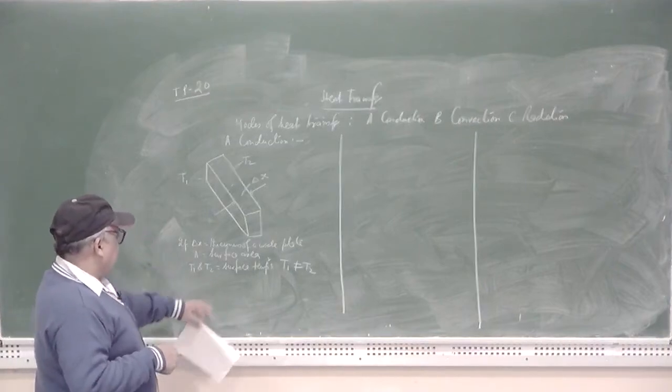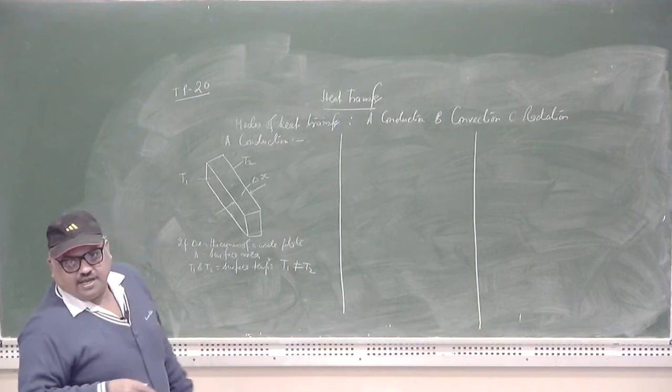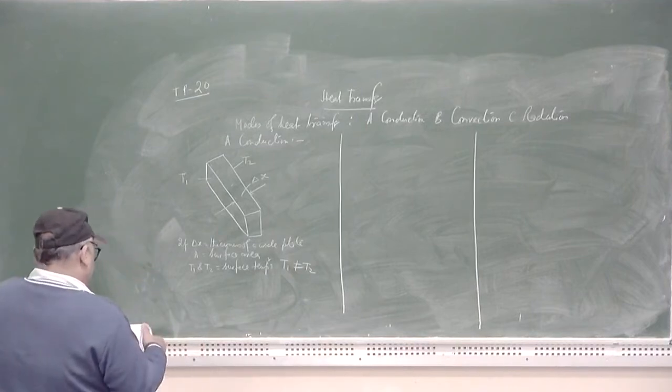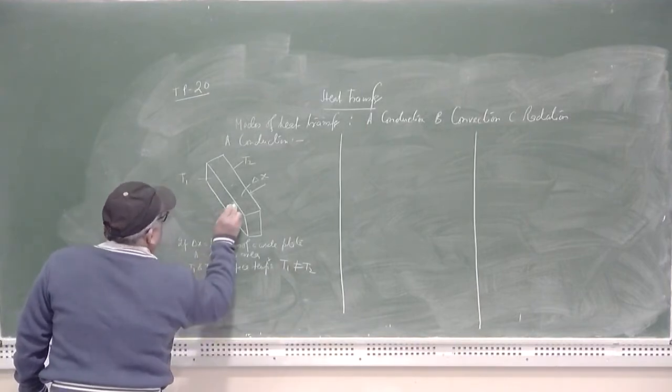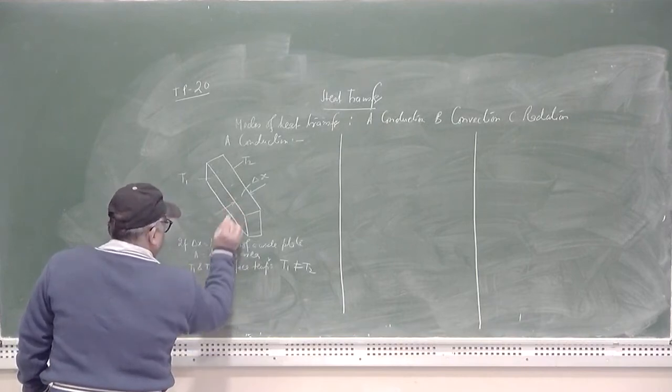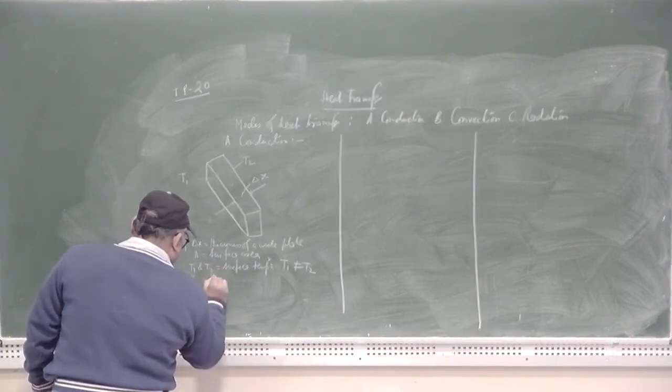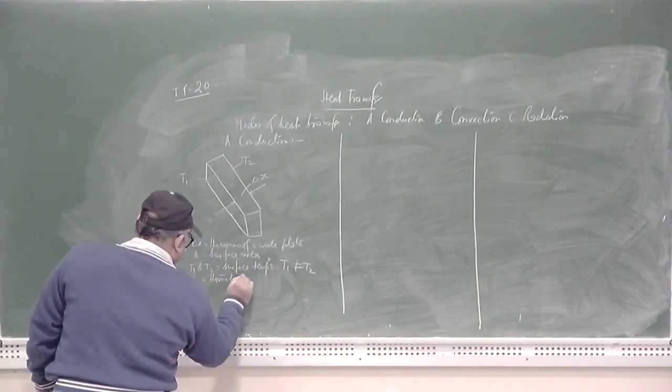So, T1 and T2 are the surface temperatures, but T1 is not equal to T2, and K is the thermal conductivity of the material from which this plate has been made.